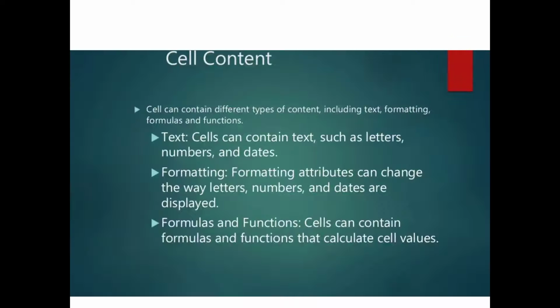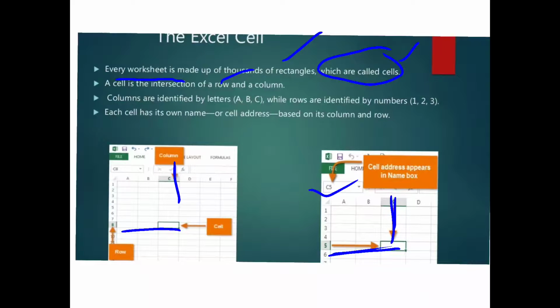Okay, moving to the next. Cell content. A cell can contain different types of content including text, formatting, formulas, functions. So in the last slide we understood about the cell.